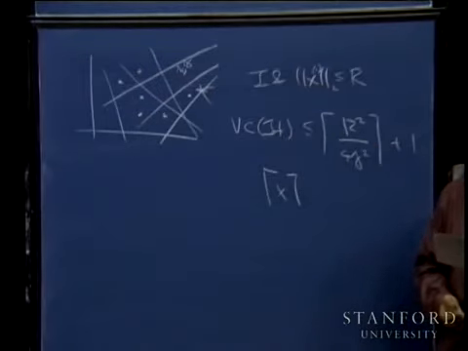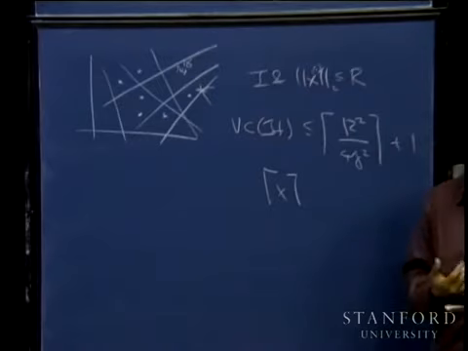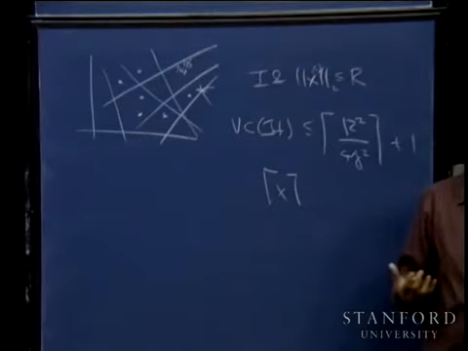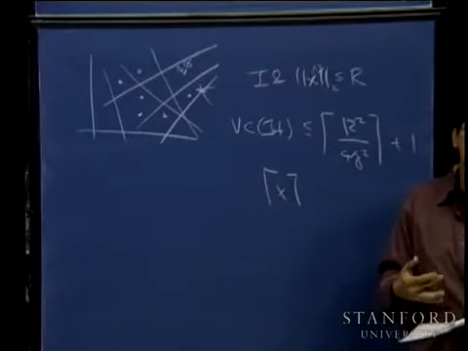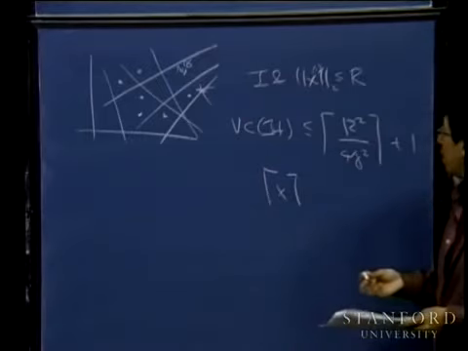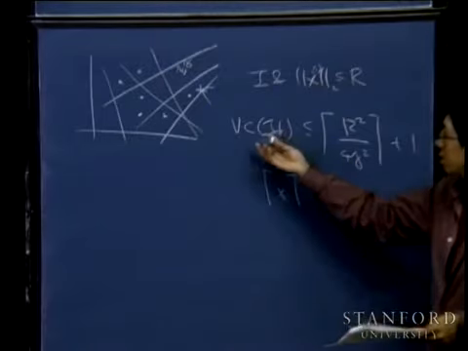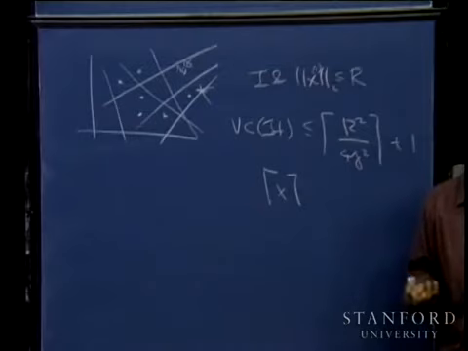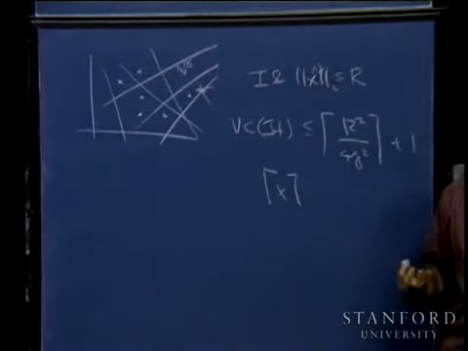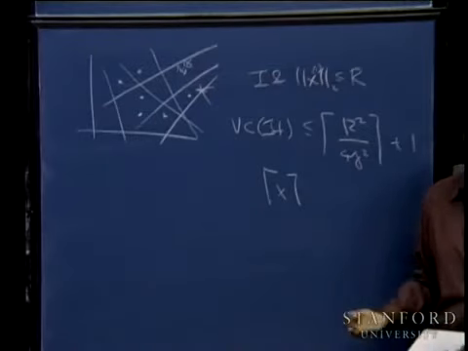So in trying to find a large margin separator, the support vector machine is automatically trying to find a hypothesis class with small VC dimension, and therefore it does not overfit.